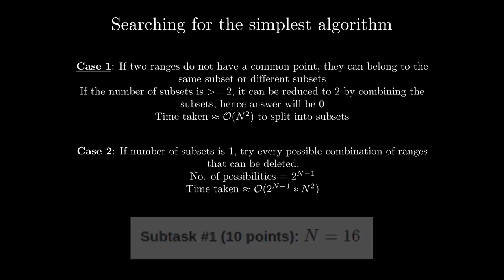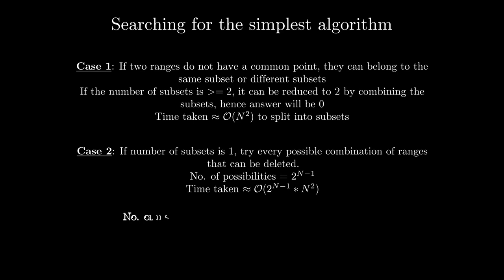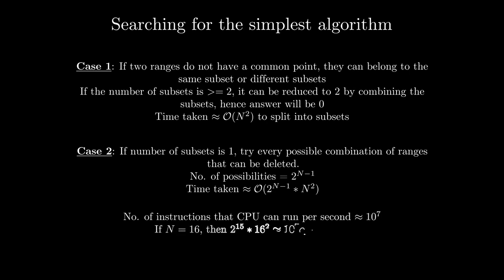The number of combinations we have to check will actually be 2 to the power of n minus 1 and not 2 to the power of n, because we need at least two elements if we want to split into two subsets. So the total number of operations for n equals 16 will be 2 to the power of 15 into 16 squared, which is approximately 10 power 7 operations.